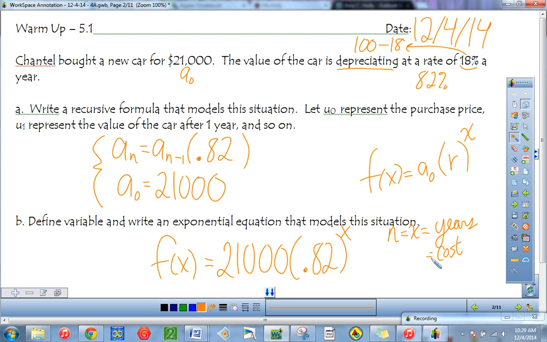So cost is your f of x or your a sub n. So if I had asked you the cost of the car in 74 years, what would you do? Put 74 in for x, right? Does that make sense? Cool.